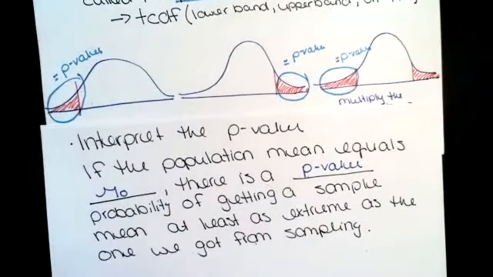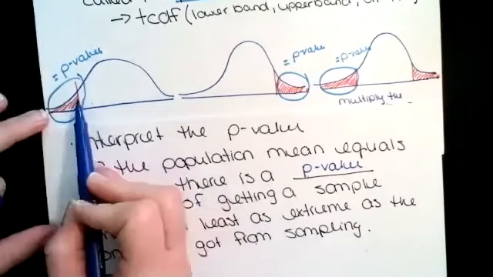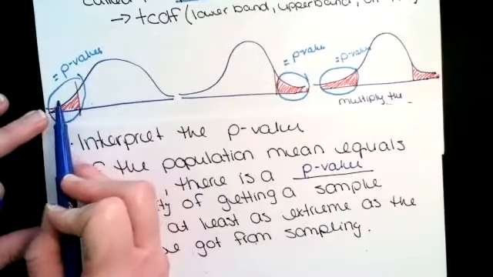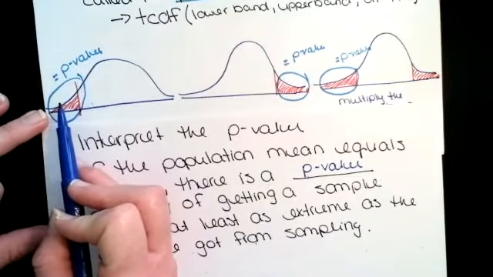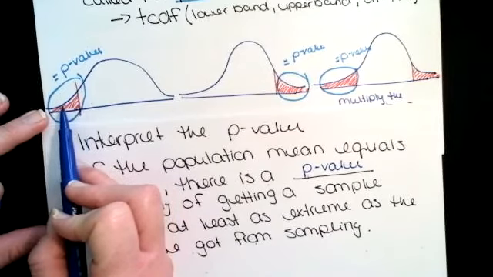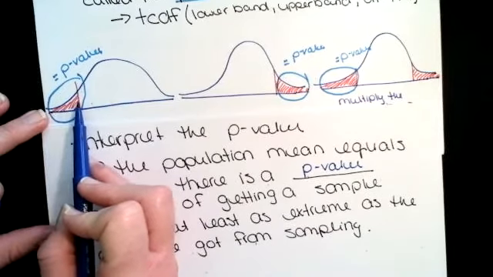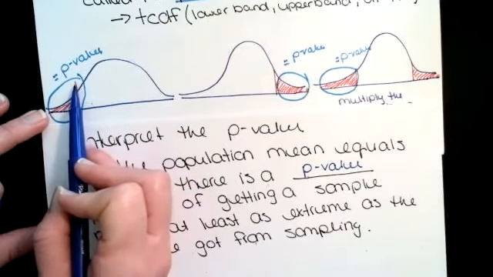This area in the tail is the probability that we're going to get a second sample mean this far away from the center as the original.